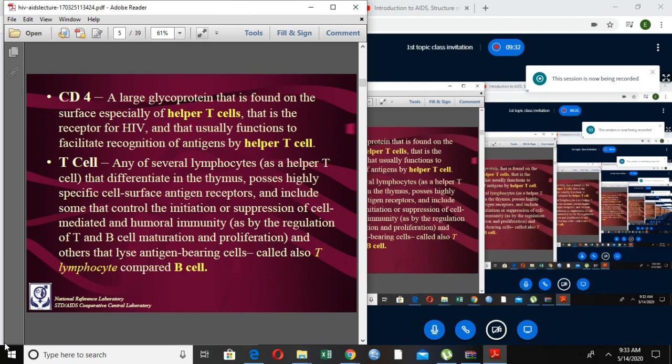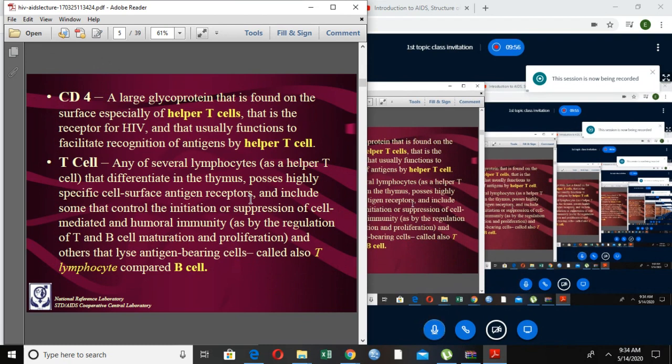So before we go to B cell, I'll repeat myself. This helper T cell, we've said, contains these antigen receptors. What is a receptor? A receptor is like a bell that will signal the entire village that we have intruders, or you have some emergency in the village.